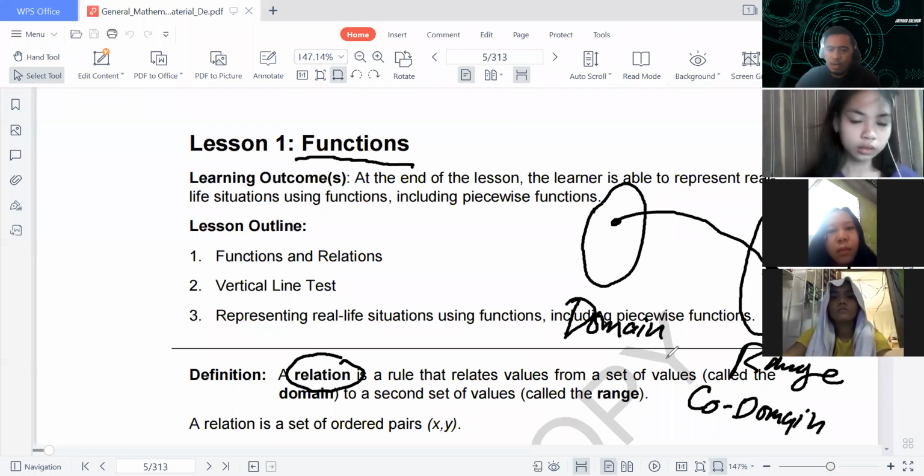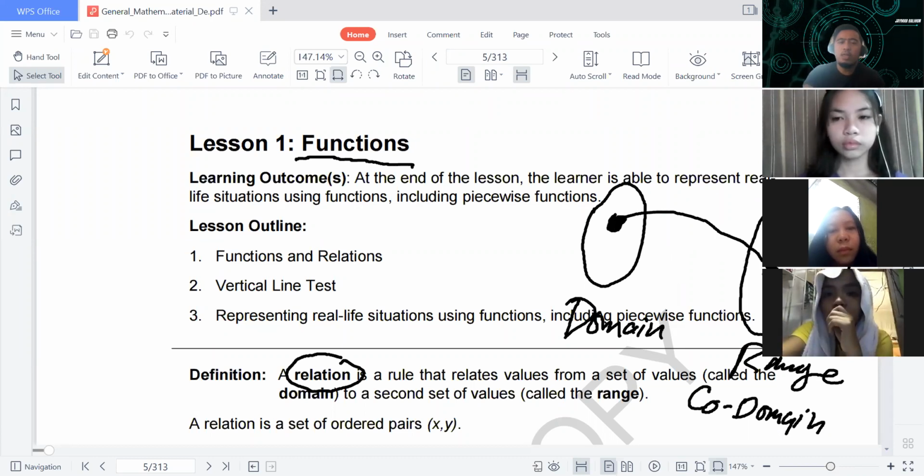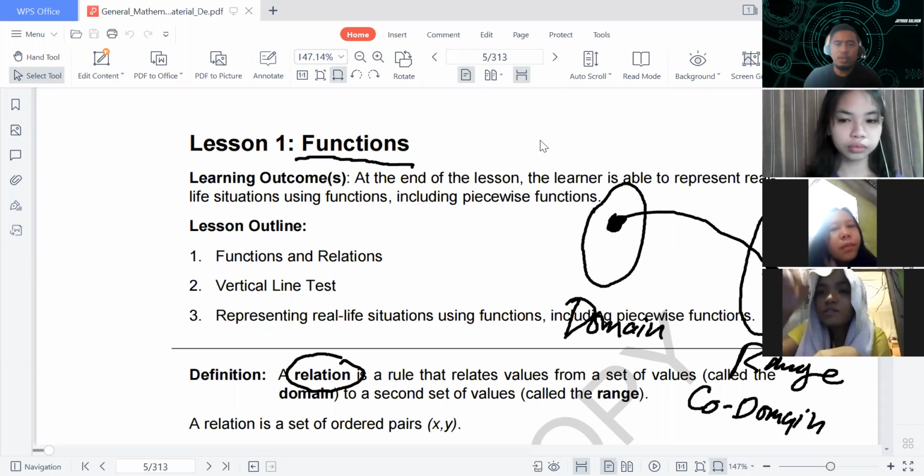So you have the domain and codomain. If you assign at least one element from your domain to your codomain, then that assignment is called a relation.